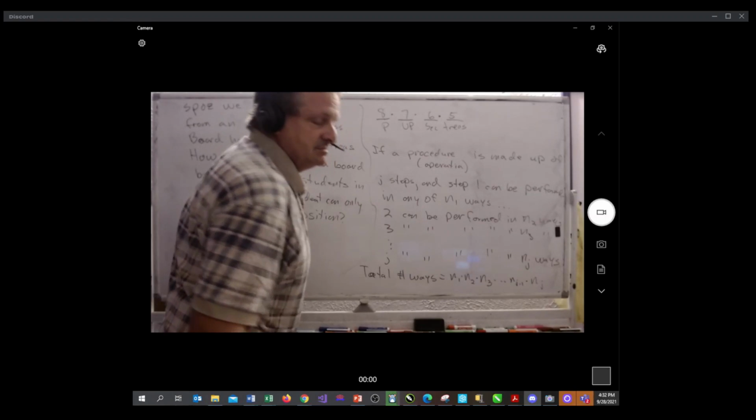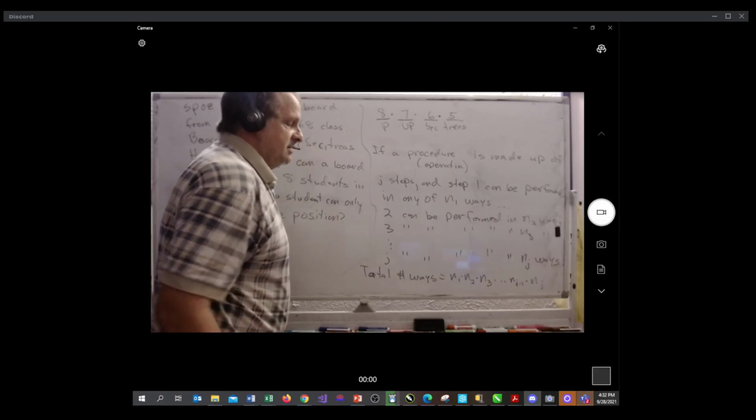Step 3 can be performed in n sub 3 ways. Step j can be performed in n sub j ways. The total number of ways to do the operation, the procedure, equals n sub 1 times n sub 2 times n sub 3 times up to n sub j minus 1 times n sub j. You just multiply them together, guys. Okay? Does that make sense?